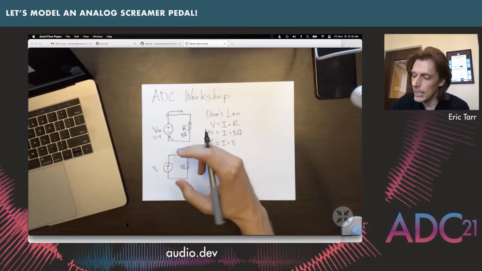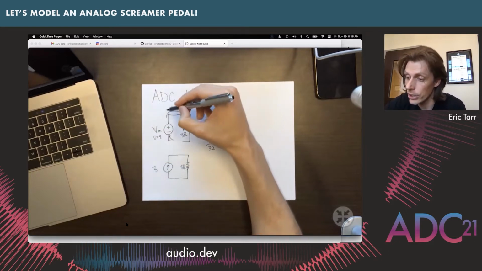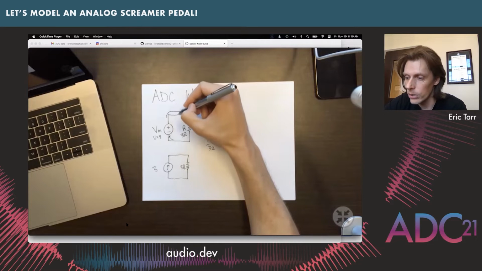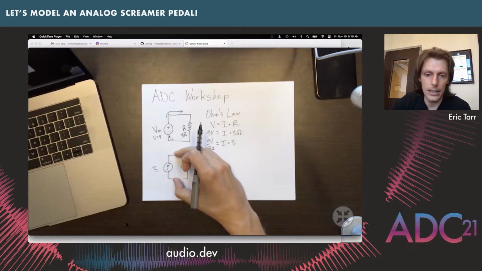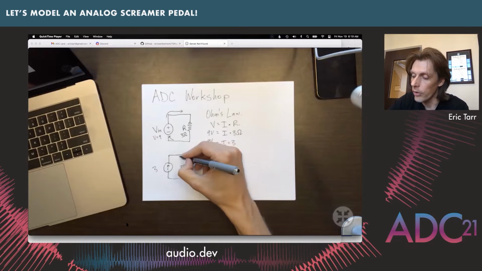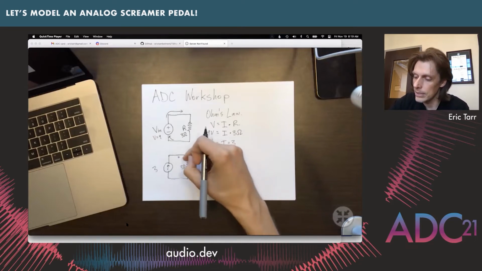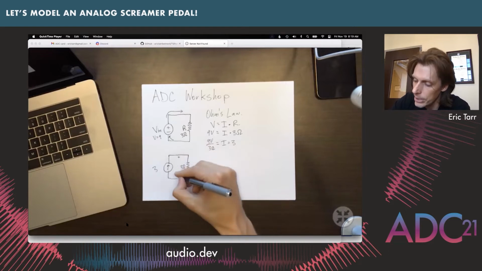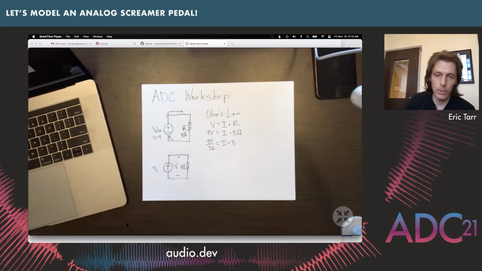So in this case, the way that this is usually done in circuit analysis is you have these arrows going through for the flow of the current, and then the voltage is taken across some component of the circuit. In this case, our voltage is taken from this side of the resistor down to this side of the resistor here, and we have some voltage that we're trying to find, and the same relationship holds.